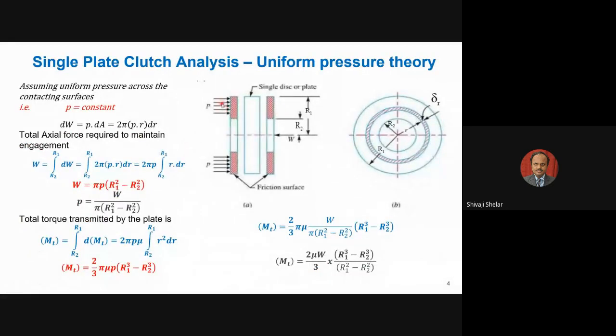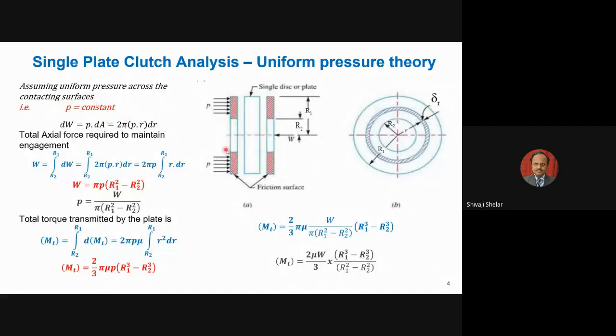Here we are assuming the pressure on this surface is constant, that is, the intensity of the pressure is constant irrespective of the radius. This single plate clutch analysis is for uniform pressure theory, so we assume uniform pressure across the contacting surface.